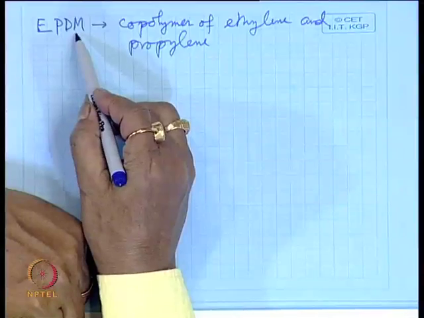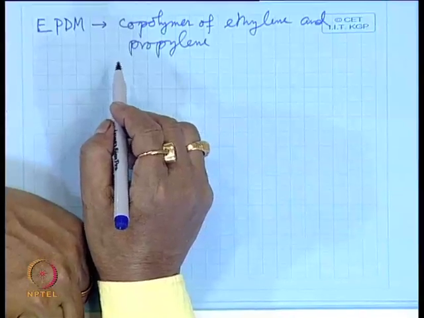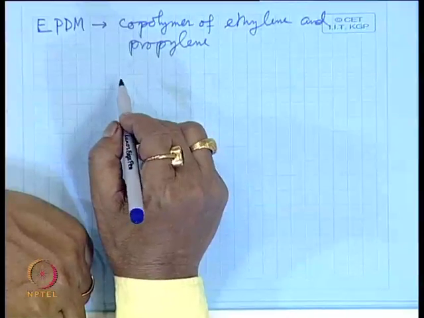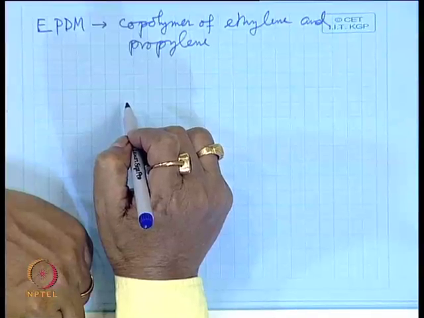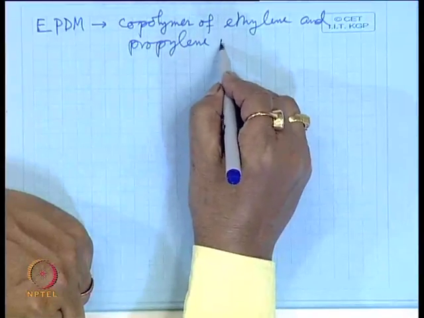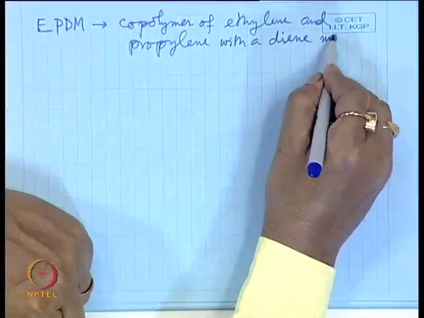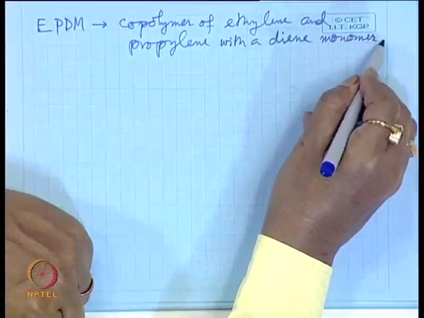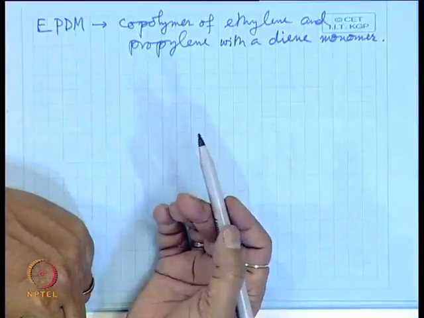And there is another monomer present, that is actually a diene monomer. For the purpose of introducing some cross linking site, a diene monomer is introduced along with ethylene and propylene. So, that is known as EPDM rubber, and EPR.